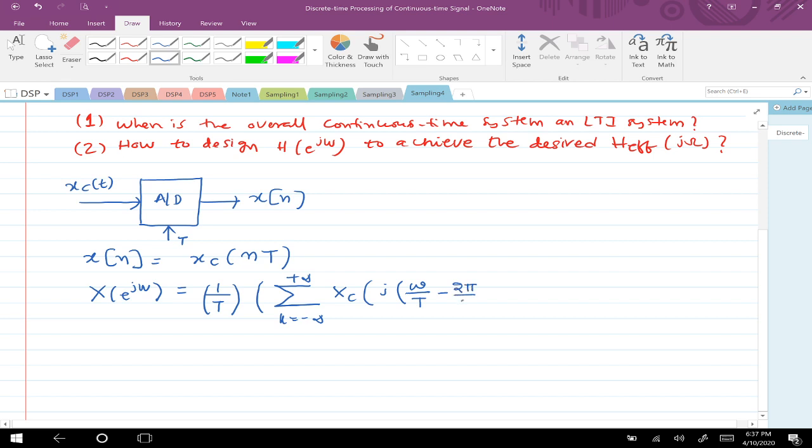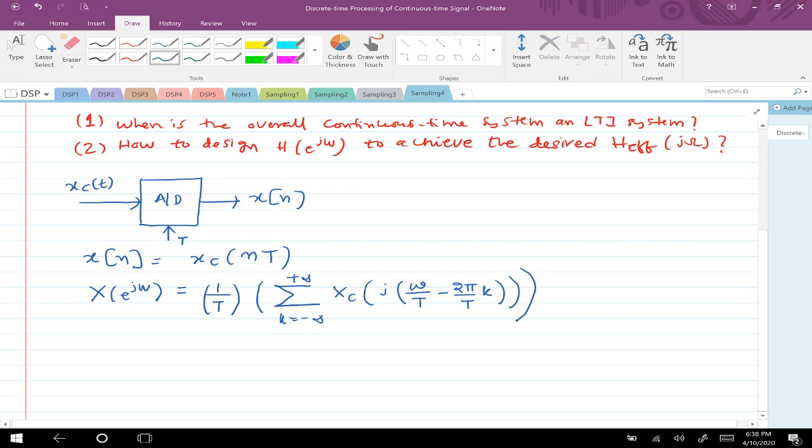Omega s is nothing but 2 pi by T, so 2 pi by T times k, isn't it? So we have written these relationships. This is the first part of your sampling.